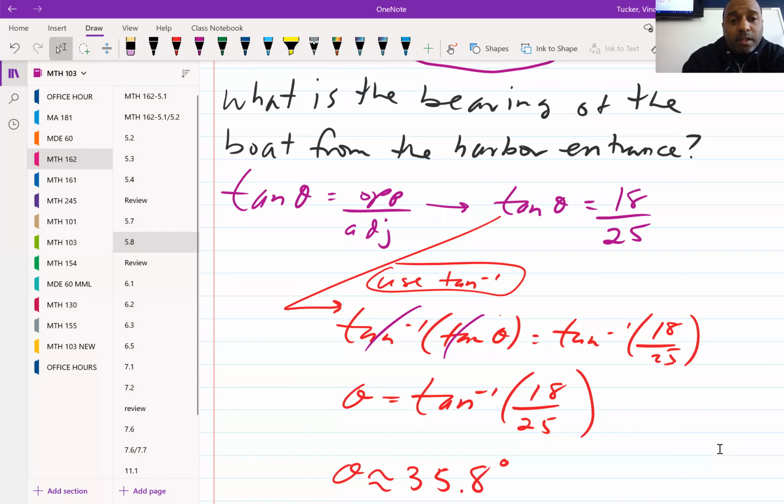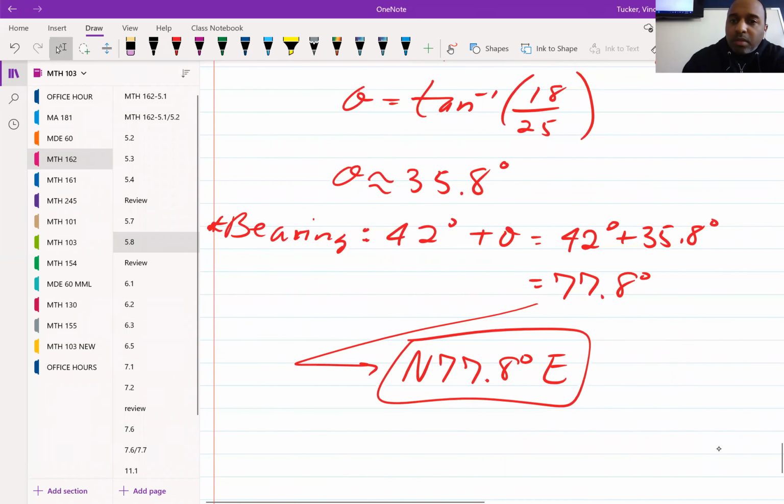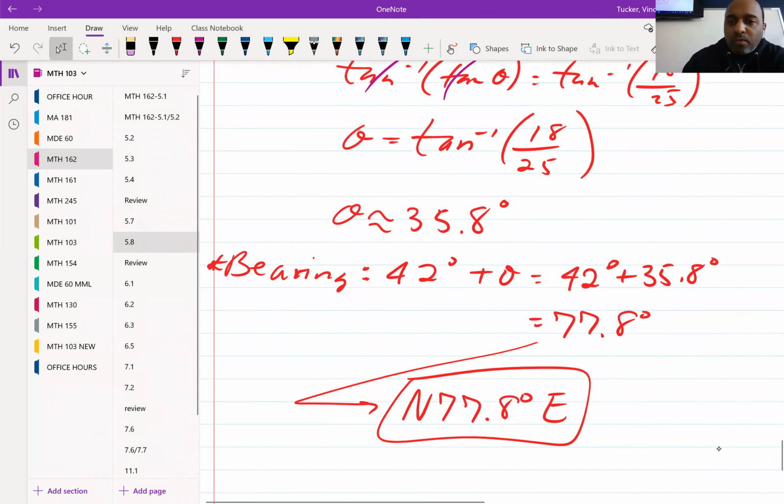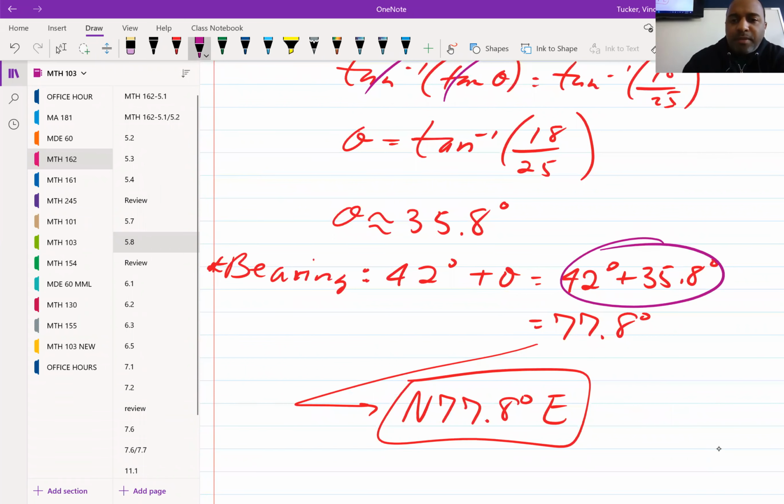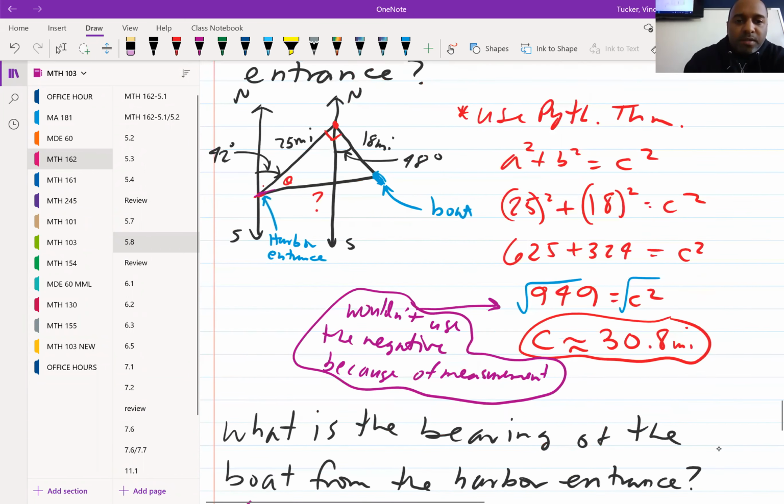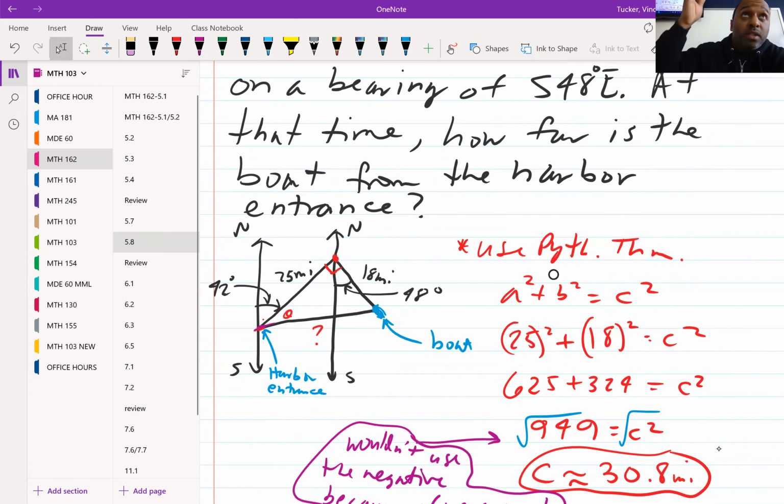Okay, so that is 35.8. Oh yeah, I forgot this other piece, my fault. I forgot the 42 degrees, because remember, it's based on north. So it has to be northeast or northwest, north-south. So I need all of this right here. That would be the bearing.